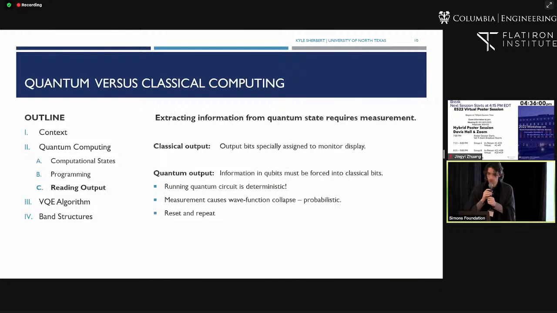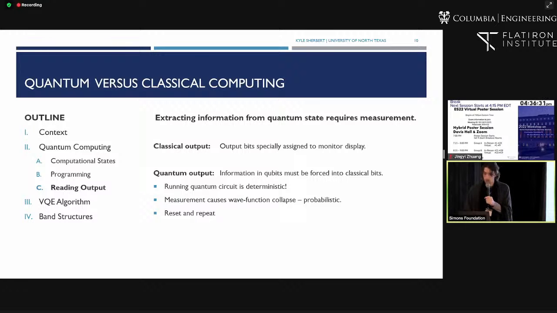And then finally, the last thing on quantum versus classical computing is the very well-known measurement problem. Extracting information from the quantum states is going to require measuring it, and measuring the quantum states is going to require destroying some information. And in fact, it's also going to be probabilistic. We don't know a priori which classical state a quantum state collapses to when you measure it.